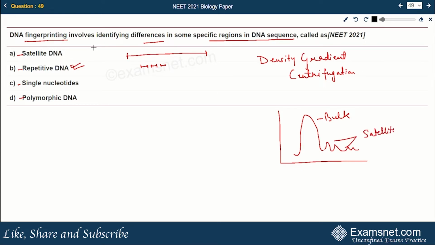So you understood what is satellite DNA, and one of the characteristics of satellite DNA is that they show a high degree of polymorphism. What is polymorphism? It is the variation at the genetic level. Therefore, we say that the basis of DNA fingerprinting is VNTR.